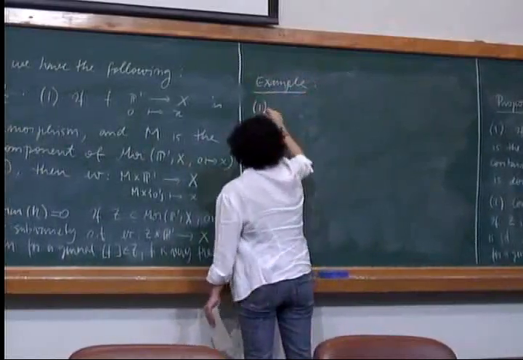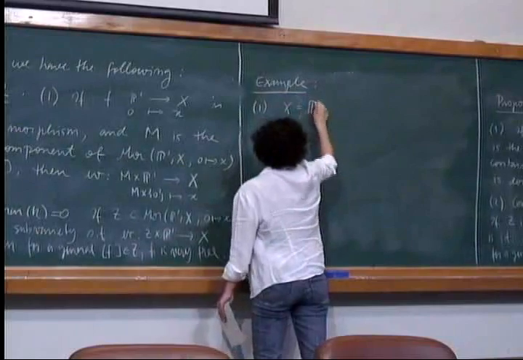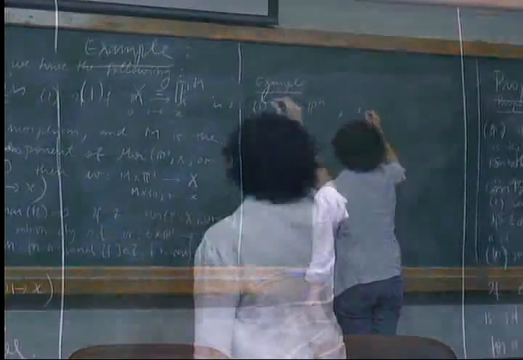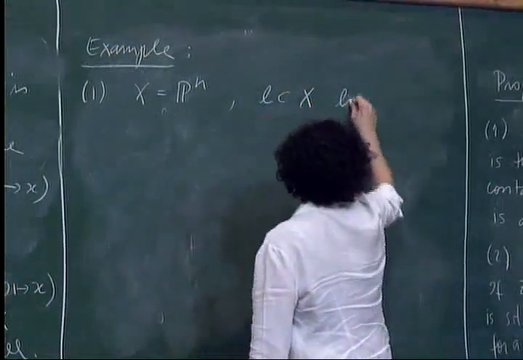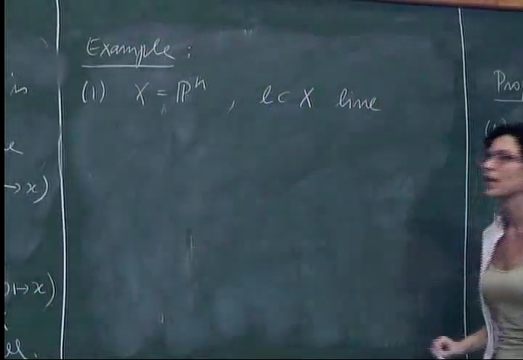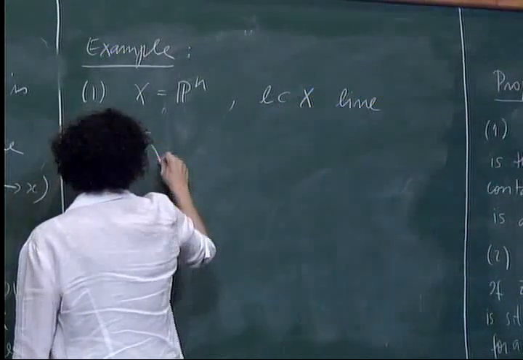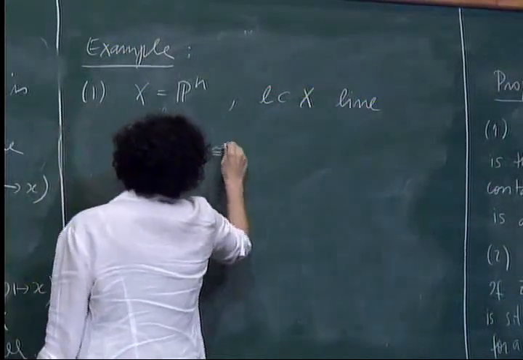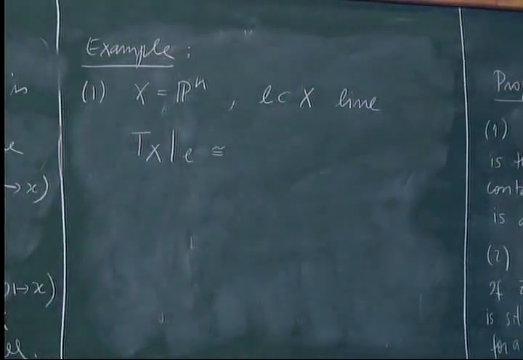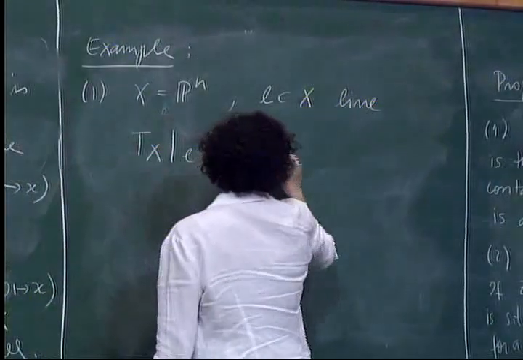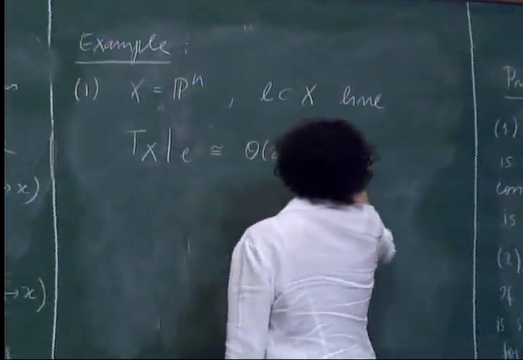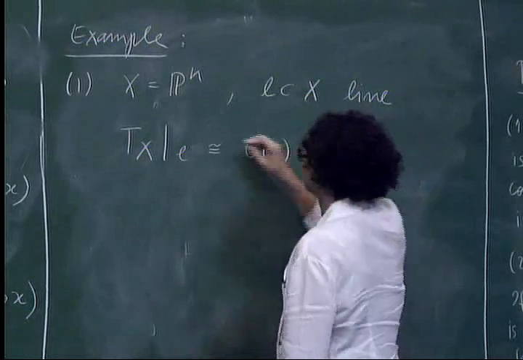So first, the easiest case is when X is Pn and L is a line. Then we can use just the Euler sequence to conclude that the restriction of the tangent bundle to L will be like this.